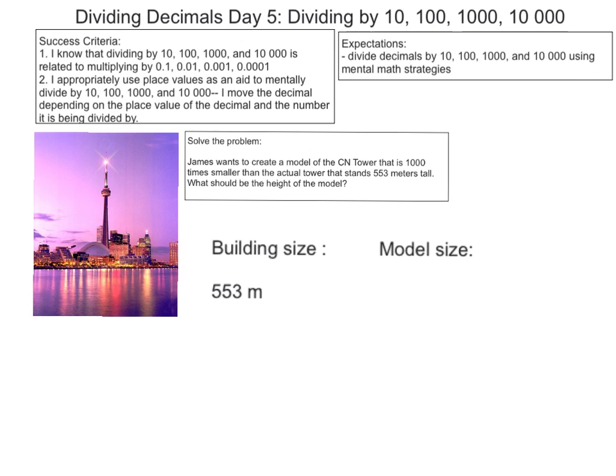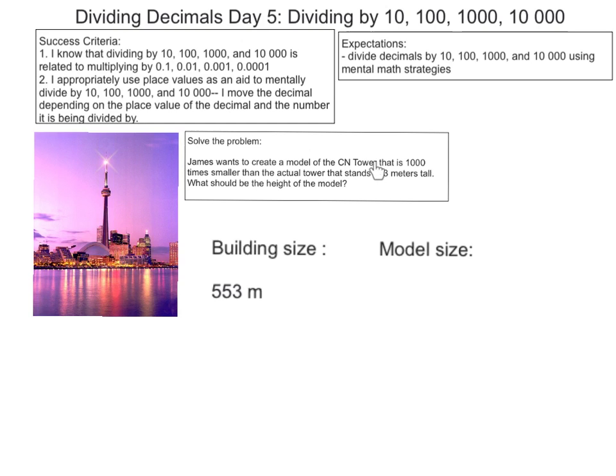So the next problem that we're going to work through together is: James wants to create a model of the CN Tower that is 1,000 times smaller than the actual tower that stands 553 meters tall. What should be the height of the model? So what is our responsibility to figure out what the question is asking us? The question is asking us what should be the height of the model.